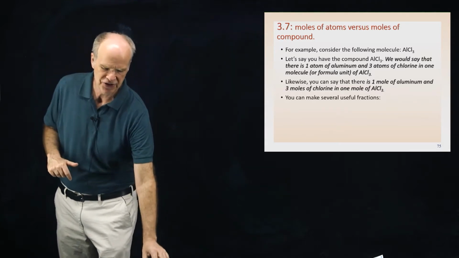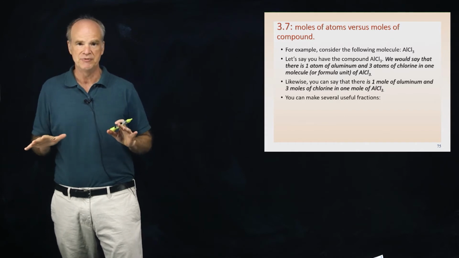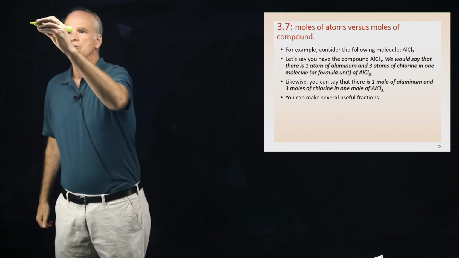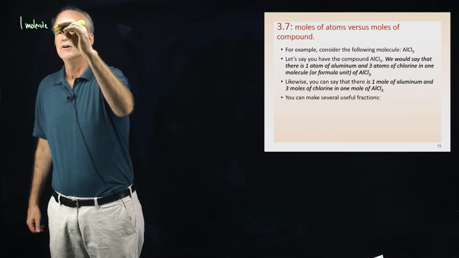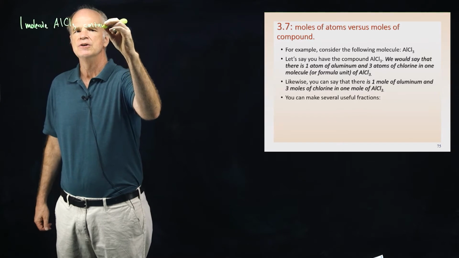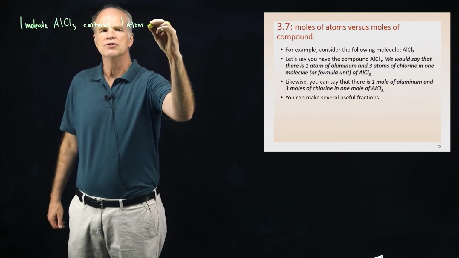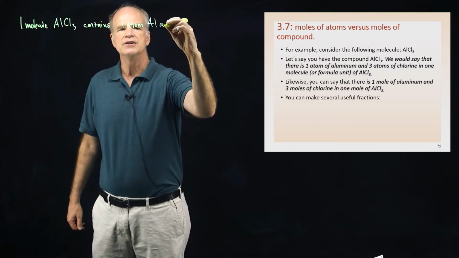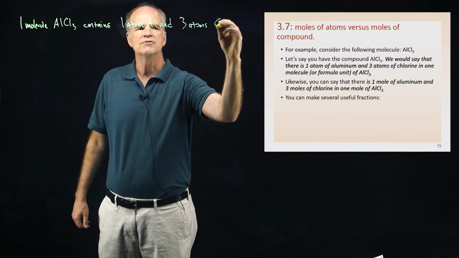At this point, I want to go to the board and write this out to explain how we can get to some of these useful fractions. So you can say again, 1 molecule of AlCl3 contains 1 atom of aluminum and 3 atoms of chlorine.